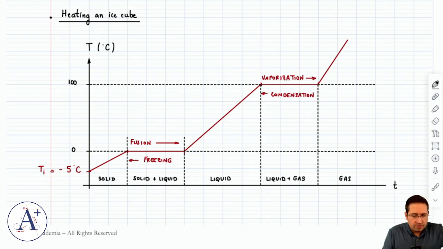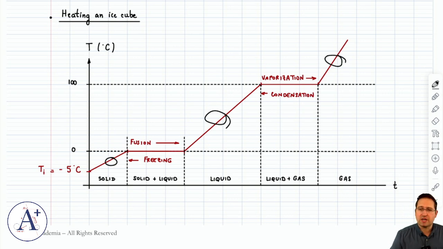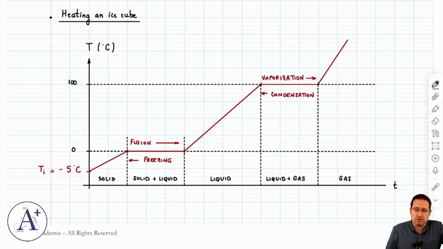And so there's, in effect, two different types of transformations we need to worry about. There's these transformations, which we might call warming or cooling if you go the other way, meaning that the temperature does change during these transformations. And then we have phase changes here and here, during which the temperature stays constant, which means that temperature probably plays a role in the former, but not in the latter, and we need specific formulas to describe each type of transformation.